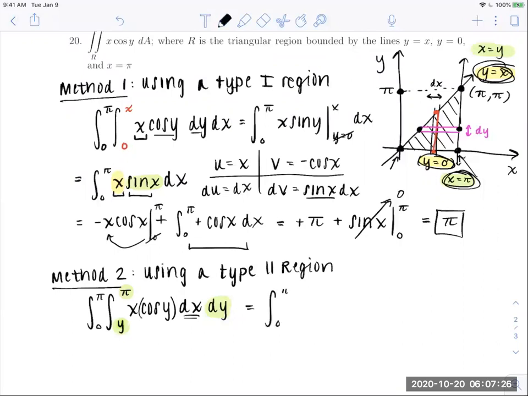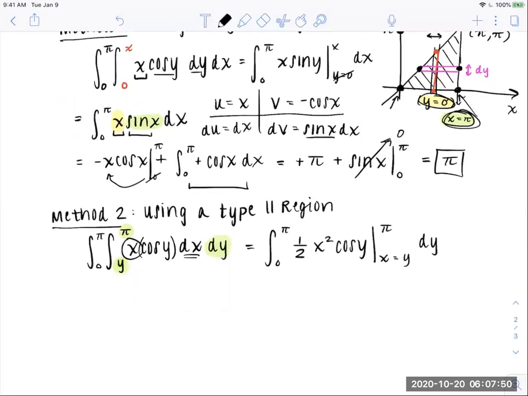I'm going to copy my outer integral, and then I'm just going to integrate x. So x becomes 1/2 x squared. My cosine y just gets recopied, and I want to evaluate my x term from y to pi, and then recopying that outer differential dy.